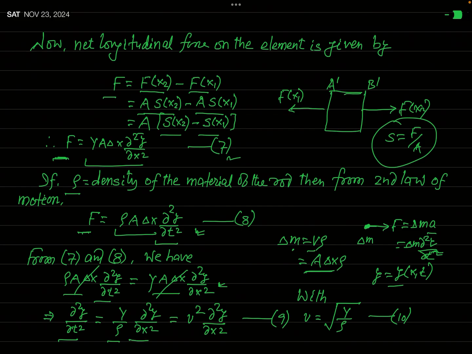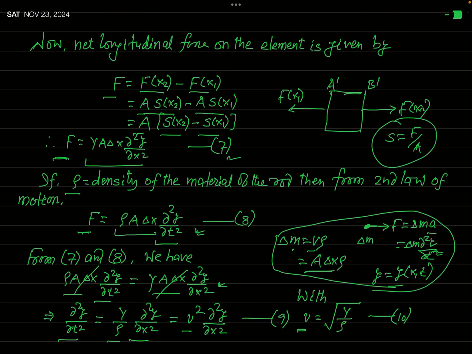Here I have assumed v equal to root over Y by rho, so Y by rho can be written as v square. In fact, if you check, you will find that the dimensions of this quantity v will be just the dimensions of velocity.